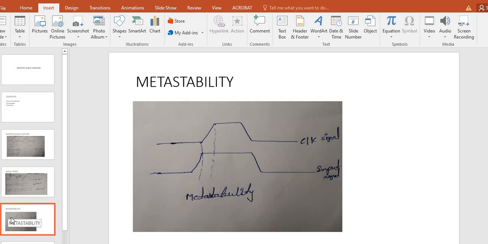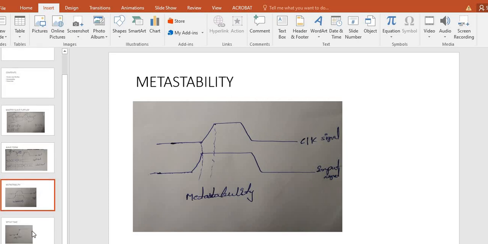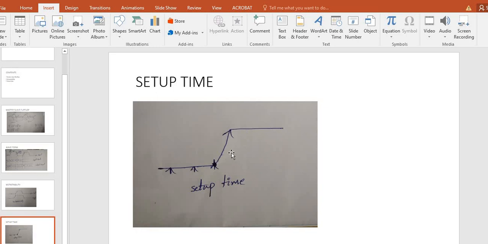We'll see setup time. This is the setup time diagram I'm explaining here. Here the data will enter, we are waiting here. Okay, let's see it come.